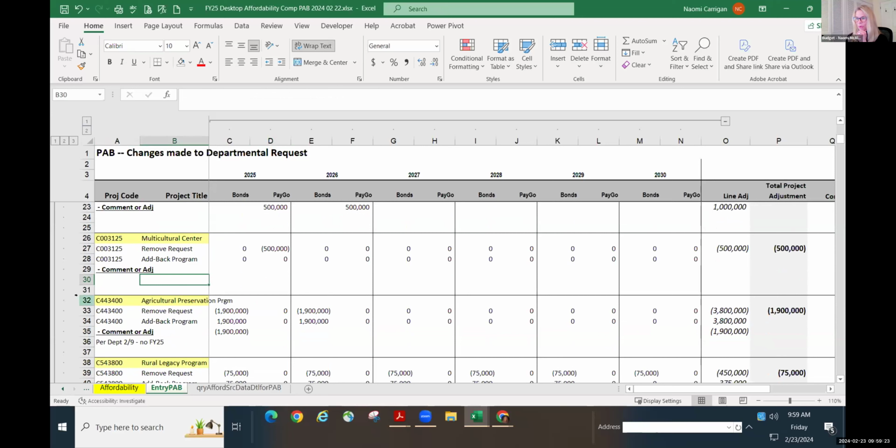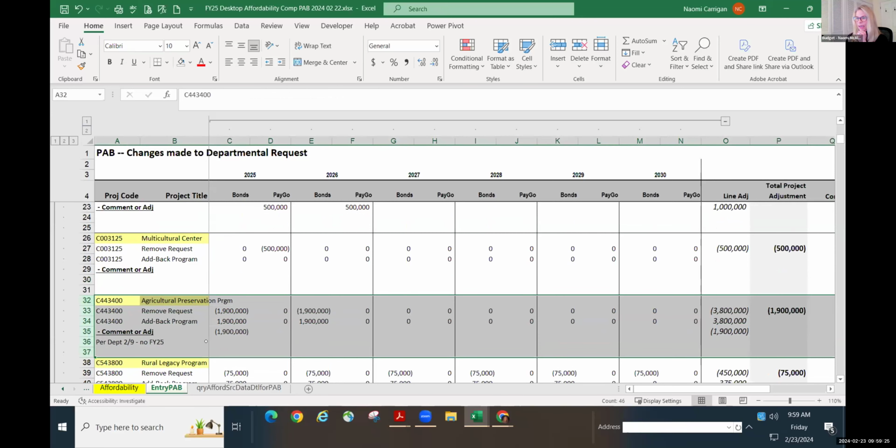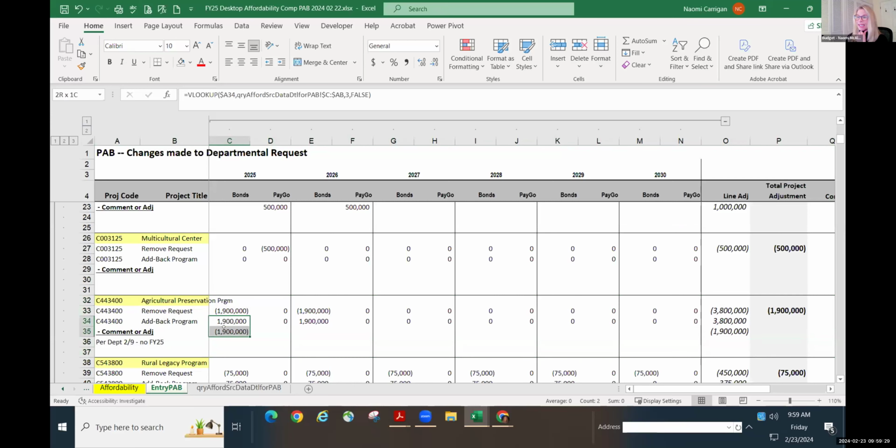Agricultural preservation program, it is a recurring capital project. During the presentation, the department did indicate that they did not need fiscal year 25 money, so I've removed it, but I did keep the fiscal year 26 funding, which was in plan. Is it 5-3? No, this is C 4400, what page are you on? 64.